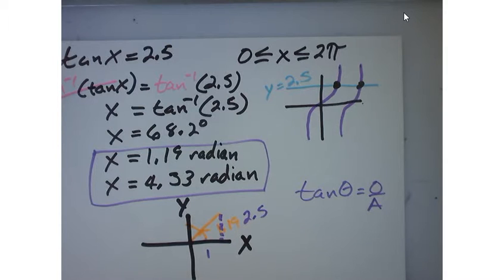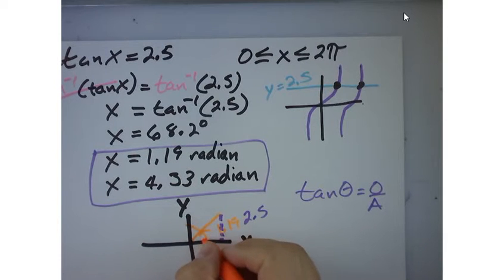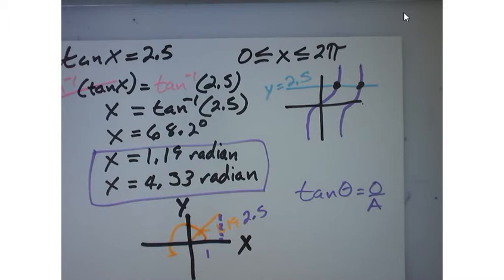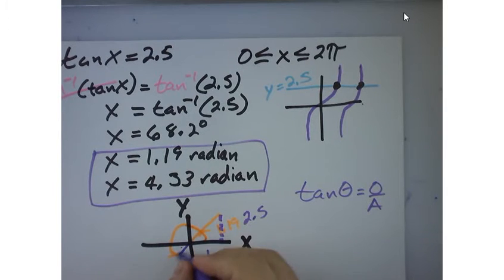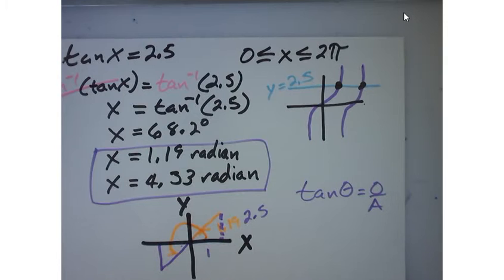Does that make sense? Now, that is a right angle triangle, but now if I go to 4.3 and I keep on going, I'll end up with the exact same triangle, but now my triangle will be here. Does that make sense?